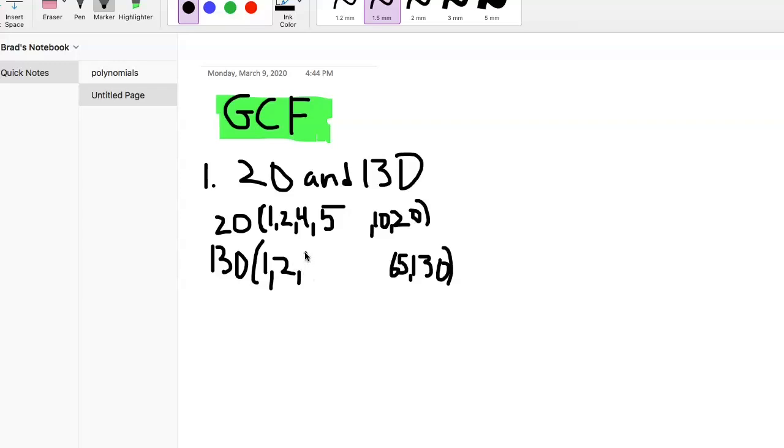Be careful when you're checking these though. 5 actually does work. So we have 5 and 26 works. And we also have 10 and 13. So there's 10. Barely enough room for 13. Hopefully you can read that okay.